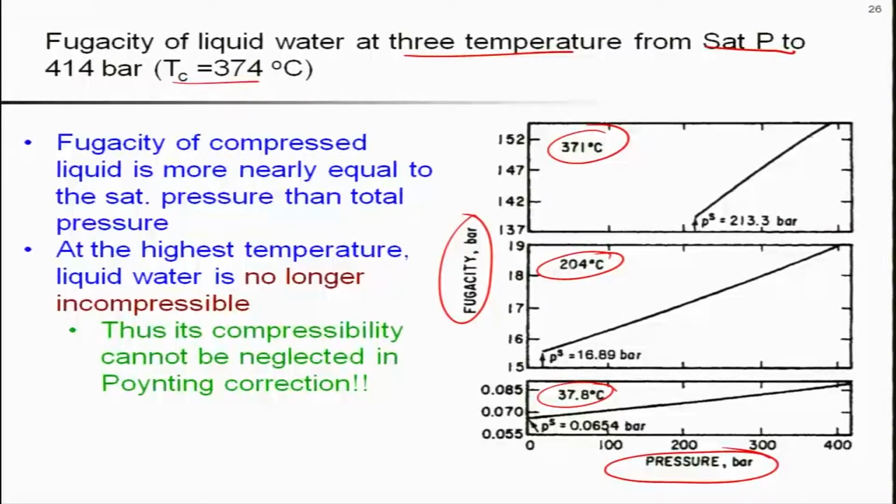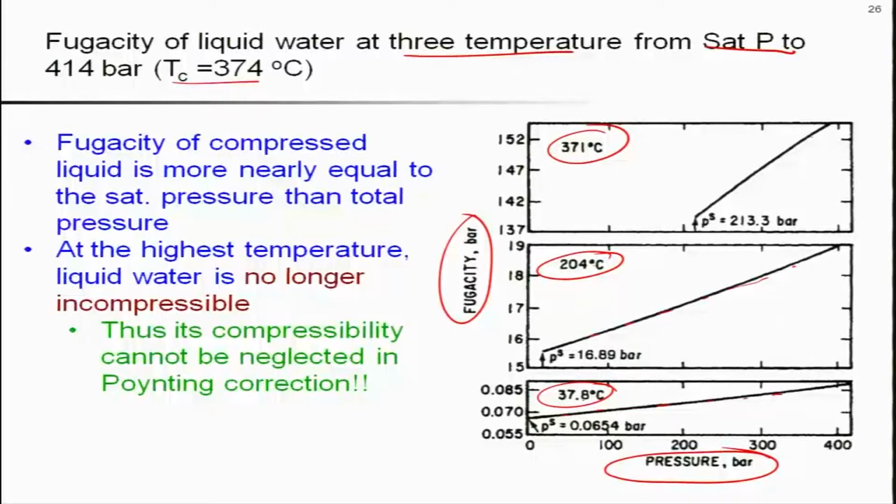At this temperature, the Psat is 16.89 bar. At this temperature, the Psat is close to 0.0654 bar, and what we are doing is keeping the temperature fixed and changing the pressure. Now, what you can notice is that in this case, from here to here, these are all compressed liquid data, right?